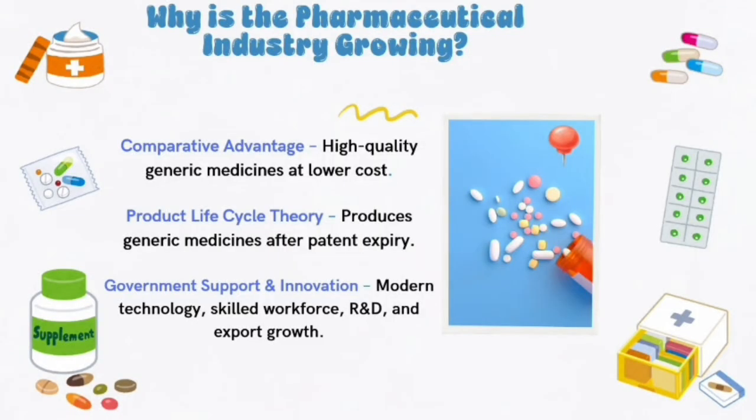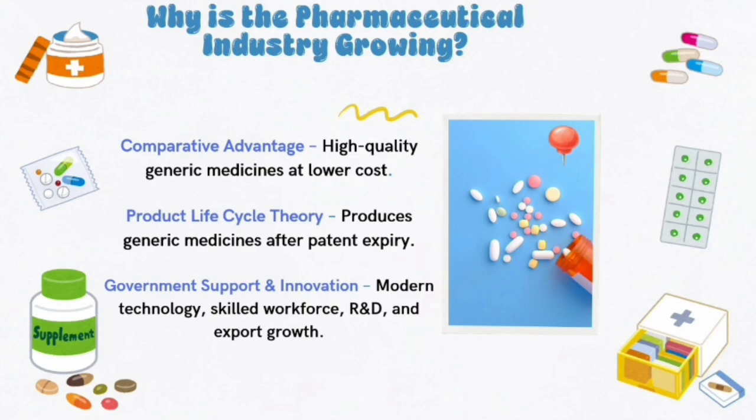Now, the question is, why is the pharmaceutical industry growing so fast in Bangladesh? The answer lies in both competitive strength and global opportunities. Firstly, Bangladesh has a strong competitive advantage. It can produce high-quality generic medicines at a lower cost than many other countries, making its products more competitive in the global market. Secondly, the product life cycle theory plays an important role here.